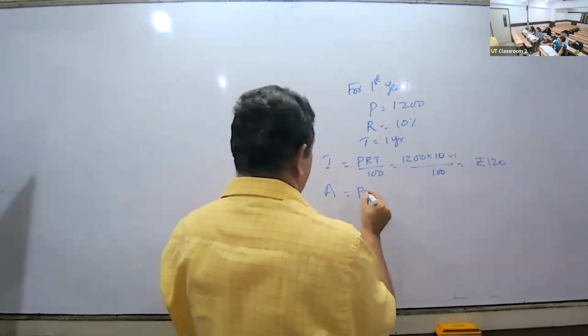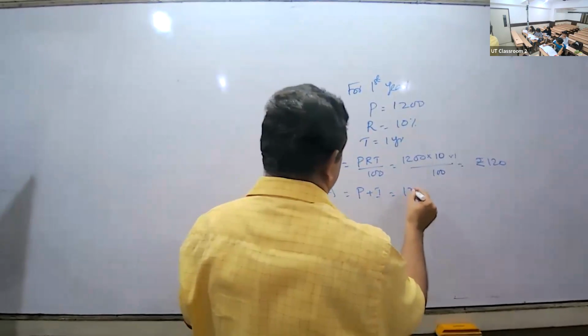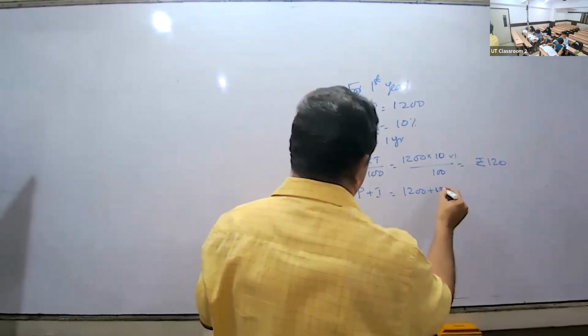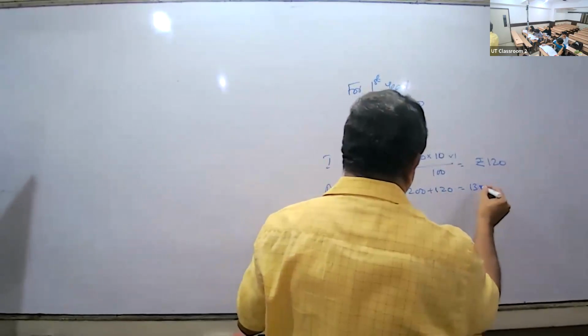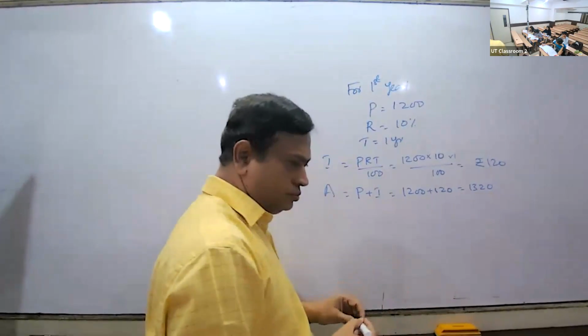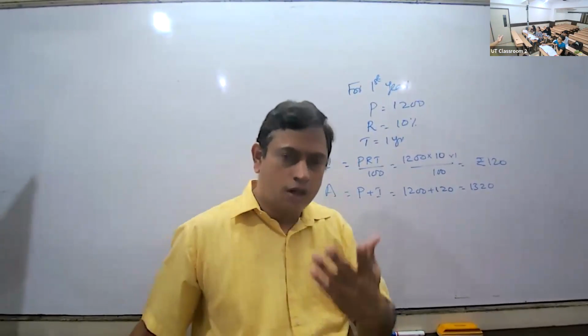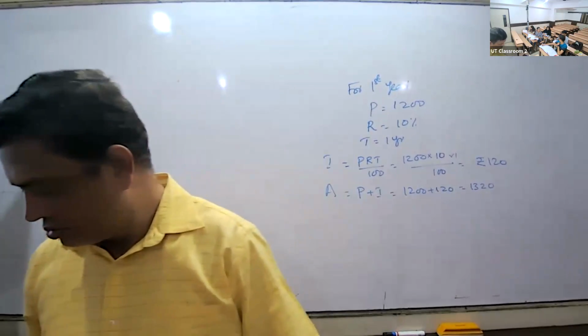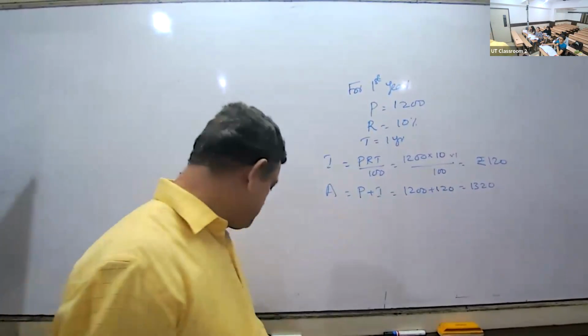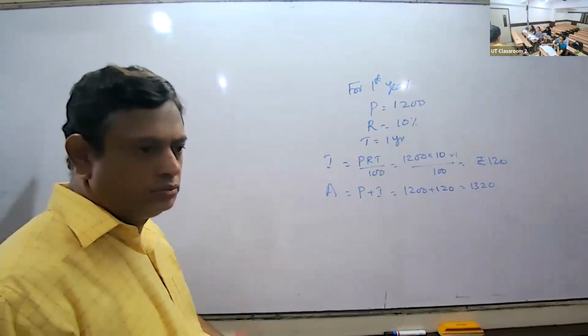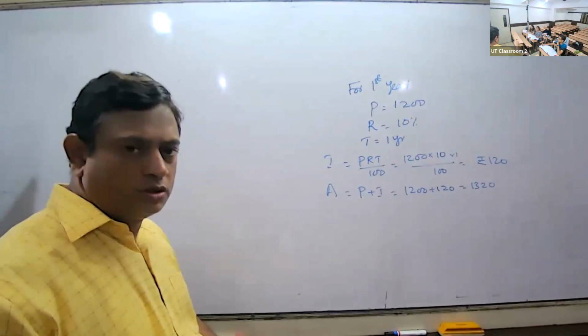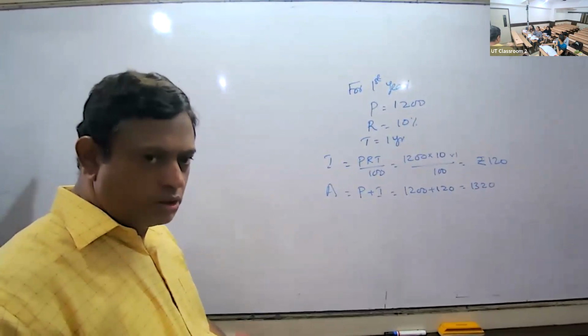Amount is equal to P plus I, 1200 plus 120, 1320. Written? Yes, sir.